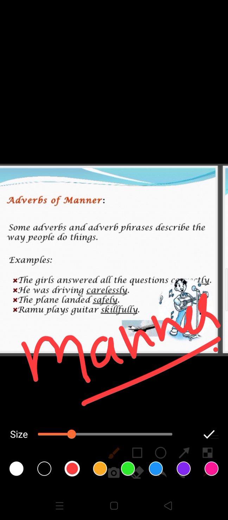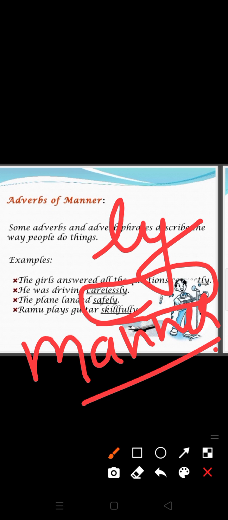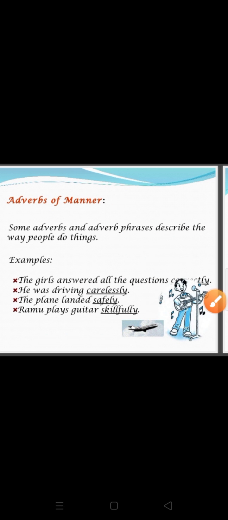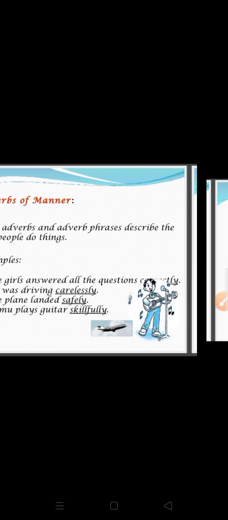The plane landed safely. Ramu plays guitar skillfully. You have noticed here that all the adverbs are ending with ly. Most of the adverbs of manner end with ly. So those are the adverbs of manner.